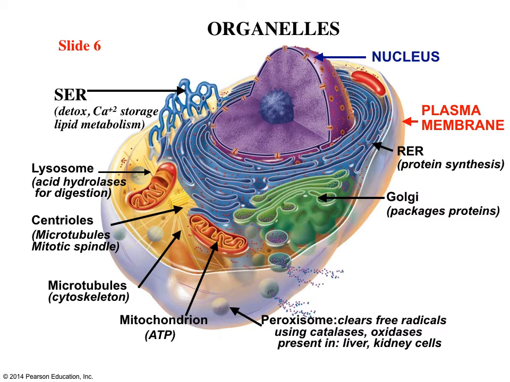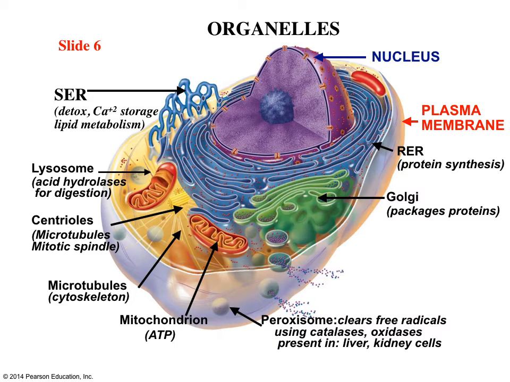Mitochondria form ATP, adenosine triphosphate, a high energy yield molecule. Mitochondria are the powerhouses of the cell. Lysosomes, we already talked about, contain enzymes known as acid hydrolases, and lysosomes digest material.